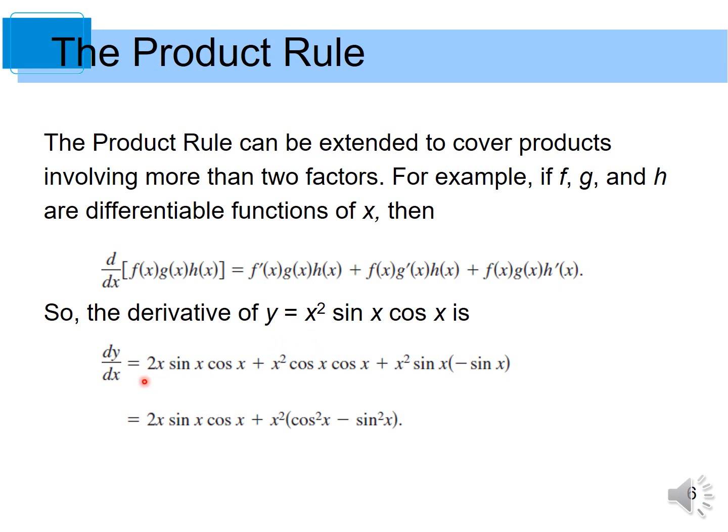So we have 2x times the second function and the third function, plus we differentiate the second function, sine x, and we have cosine x, and multiply the first and the third function, plus we differentiate the third function. So we differentiate cosine x, we have negative sine x, and multiply the first function and second function. And then we simplify our answer.